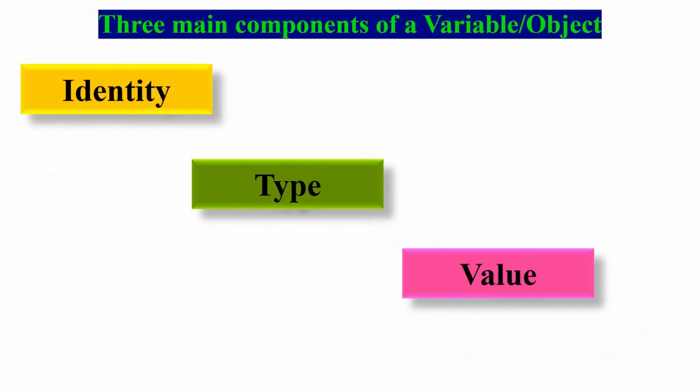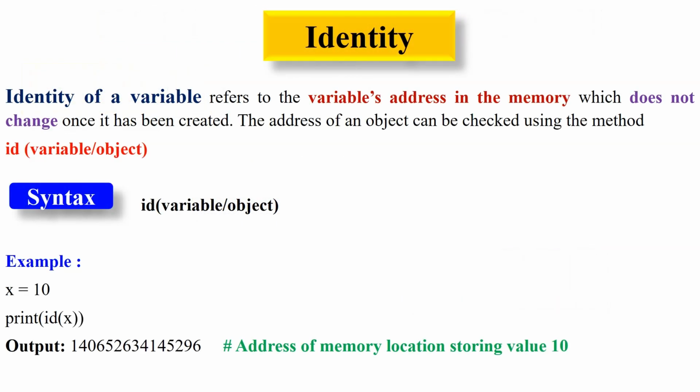A Python program can use as many variables as it needs. All variables or objects are made up of three main components: identity of the variable or object, type of the variable or object, and value of the variable or object. The first main component of a variable is the identity. Identity of a variable refers to the variable's address in the memory, which does not change once it has been created.